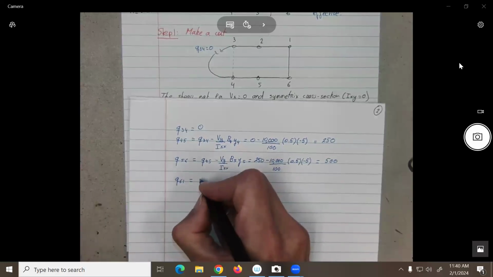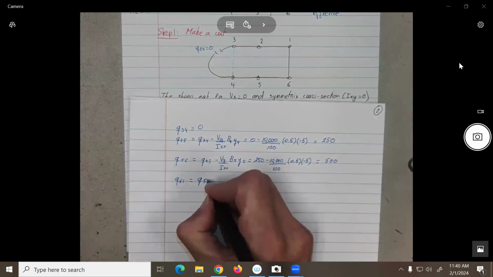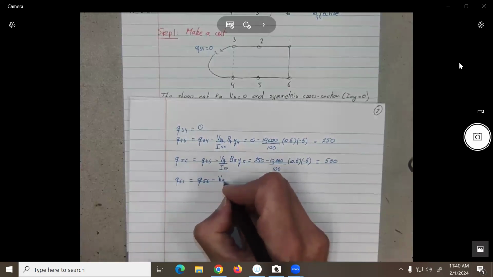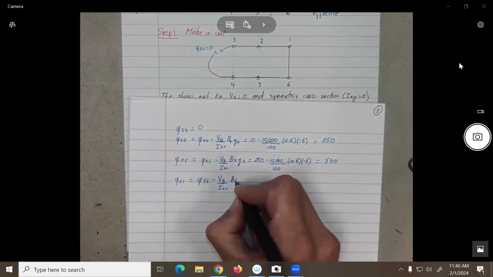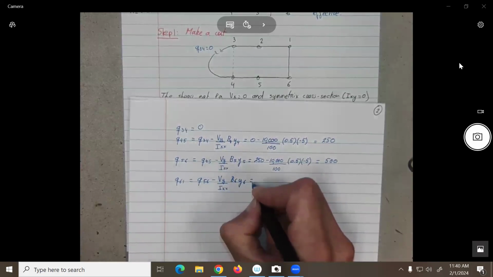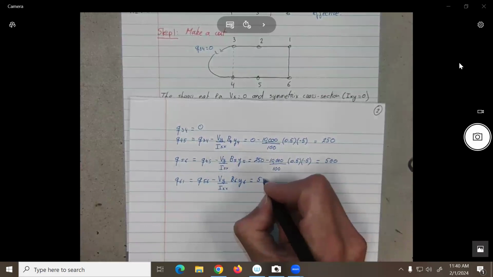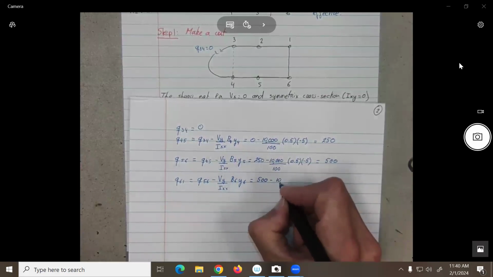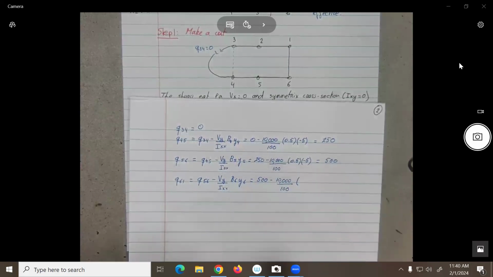Okay, next we do Q61. So Q61 will be equal to what? Q56 minus Vy over Ixx B6 Y6. So this is equal to what? 500 minus 10,000 over 100. What is the value of B6?